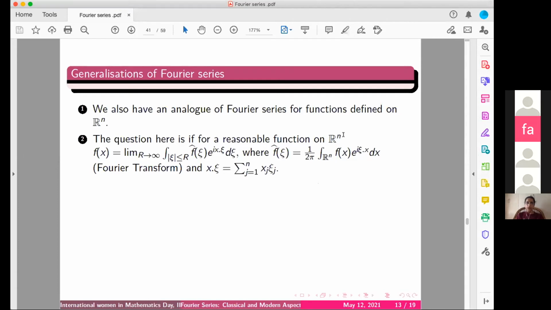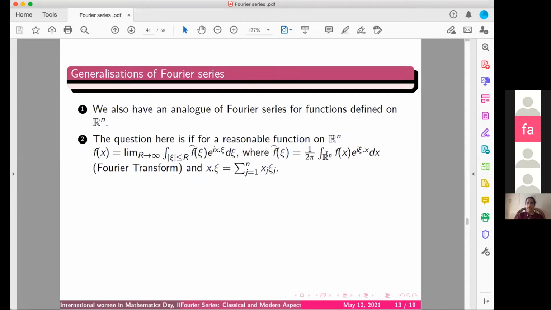But on R, if n equals 1, instead of the integer, you vary psi over all of R, and, provided the integral exists, you take f inner product with the exponential e^(i psi x), and you call that the Fourier transform.